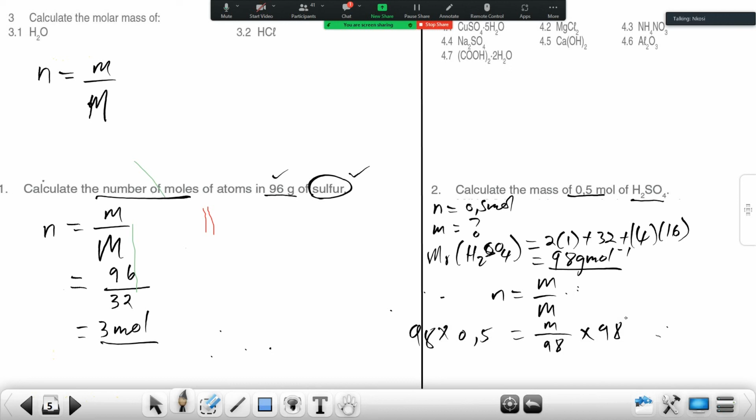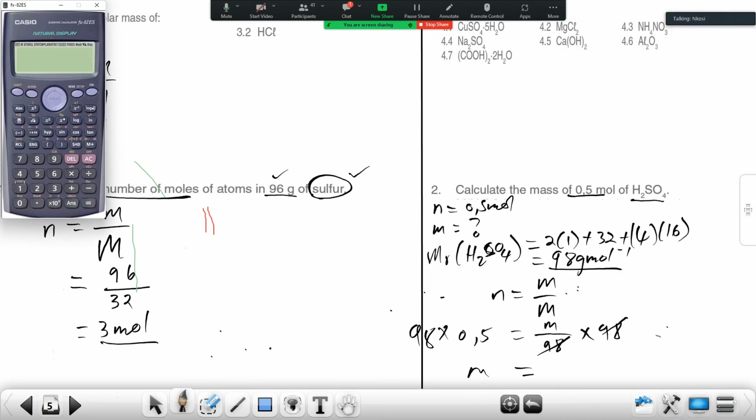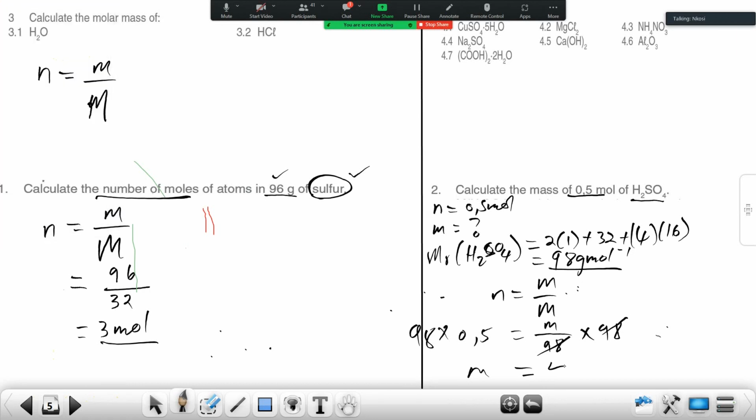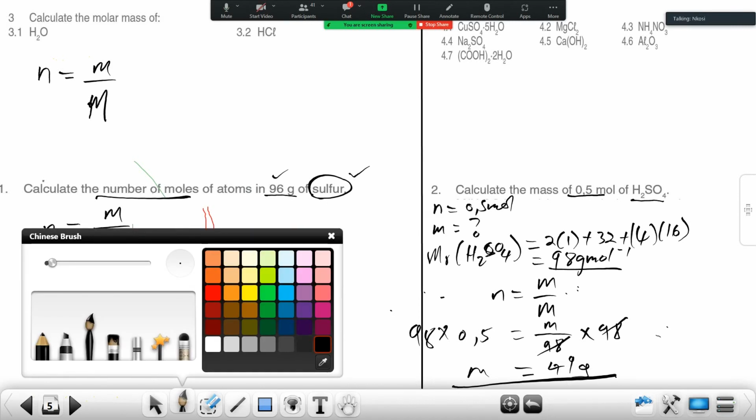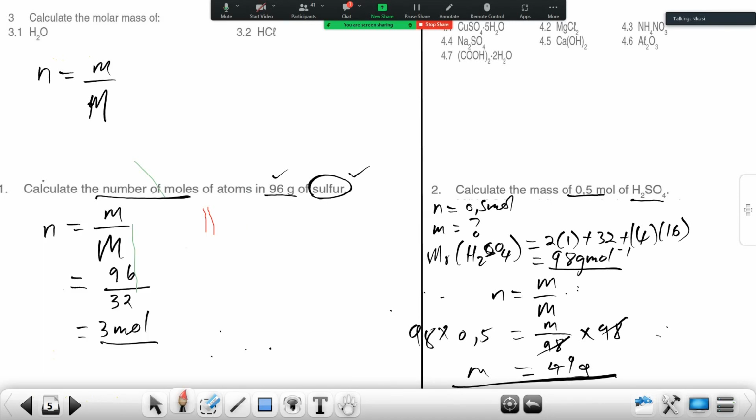Multiply by 98 on both sides, then these ones cancel, and my mass will be 98 multiplied by 0.5, which gives 49 grams. For this, it is usually 3 marks: 1 for the formula, 1 for the substitution of everything, and then your final answer. I believe this is clear.